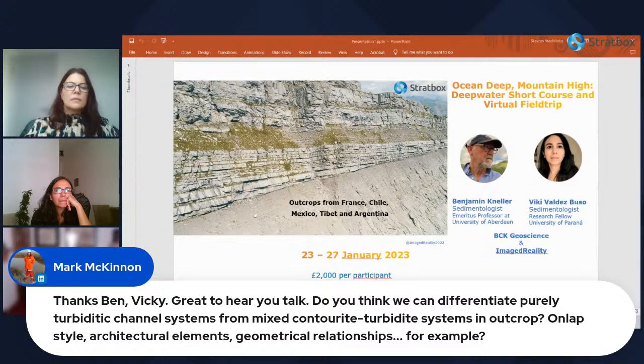But I think one point worth making here is that what we refer to as mixed contourite turbidite systems can include things which include elements of contourite and turbidite which are not synchronous.